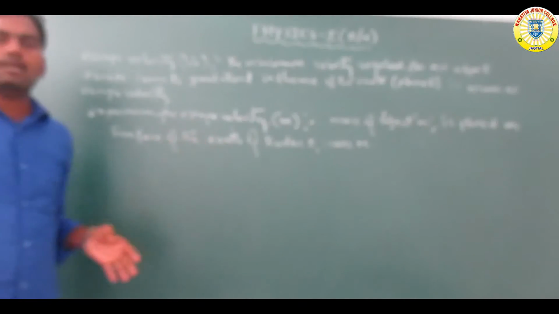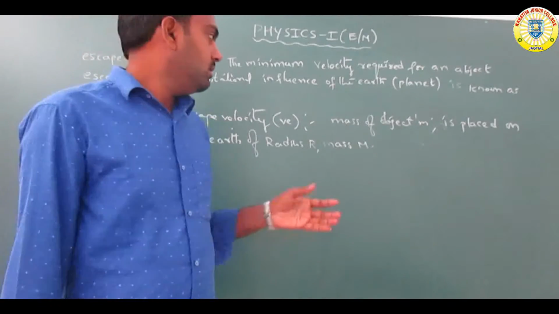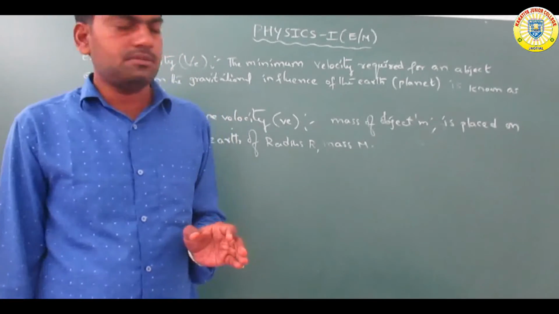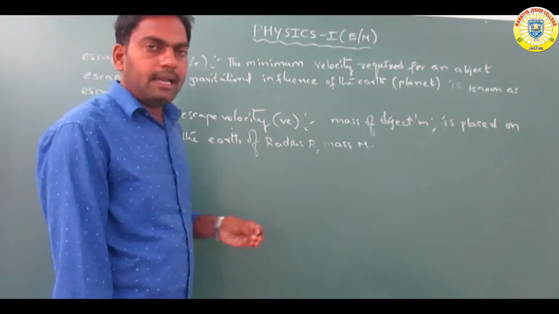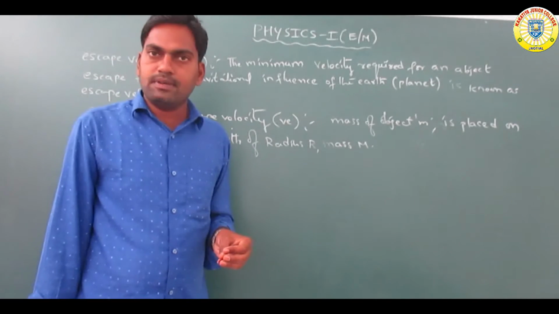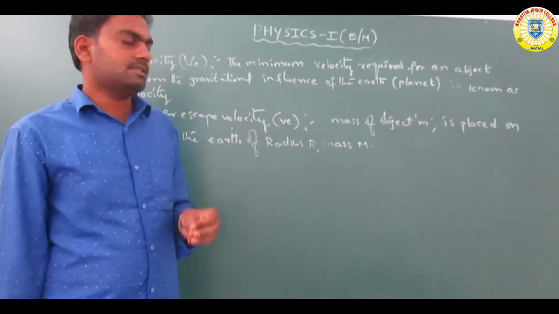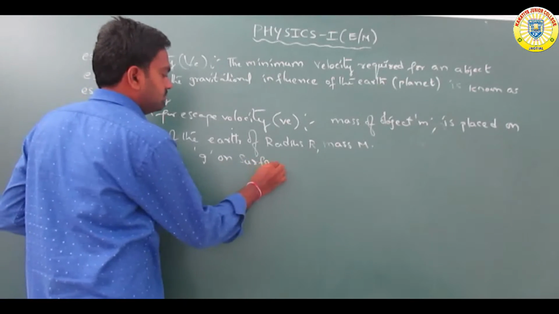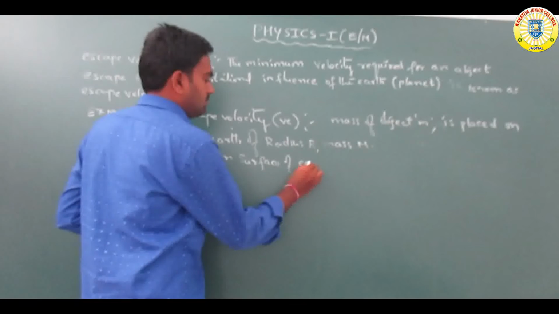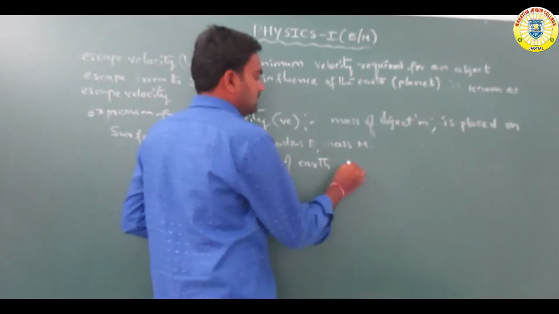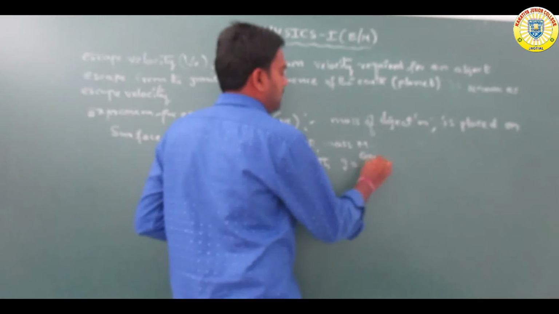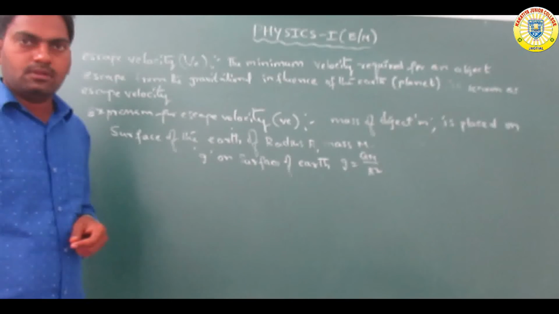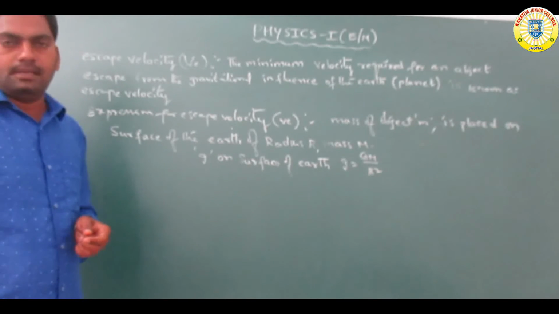The Earth has radius capital R and mass capital M. Now the gravitational acceleration on the surface of the Earth is small g equal to G M by R square.